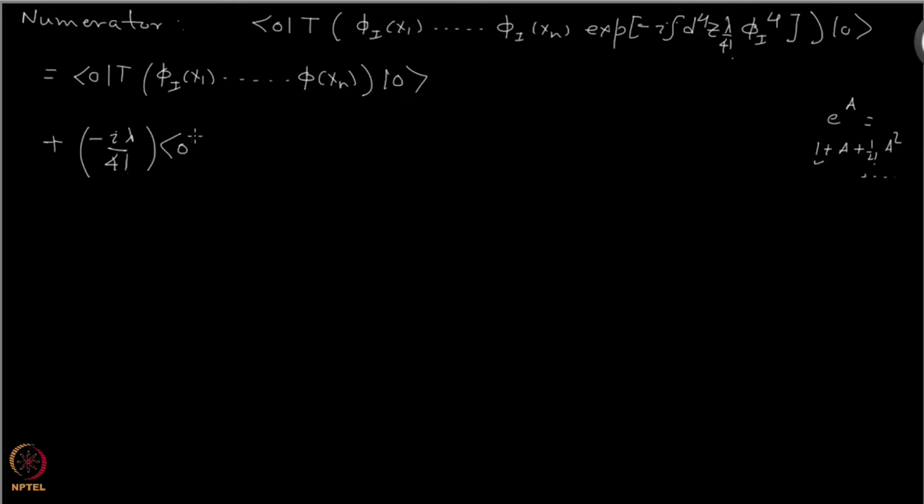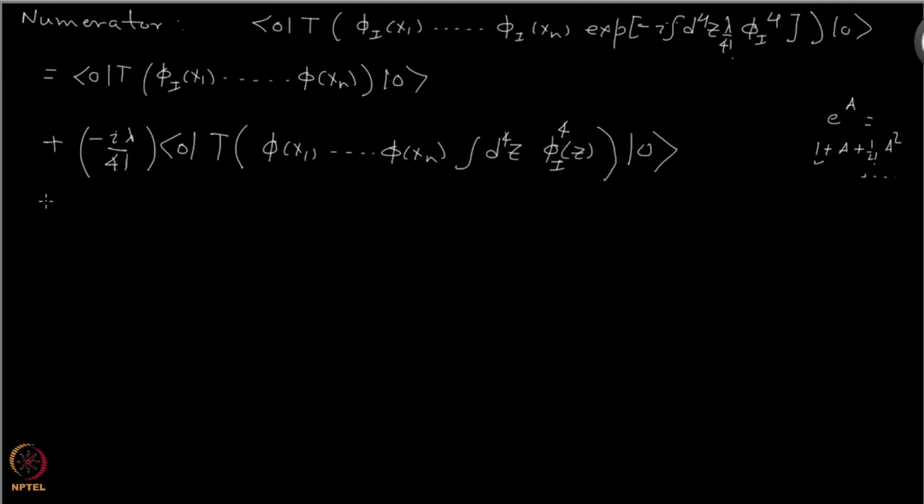So I get the vacuum, time-ordered product of phi(x1) up to phi(xn), and then the integral d^4z phi_I(z) to the fourth. So there are 4 factors of phi_I in here.